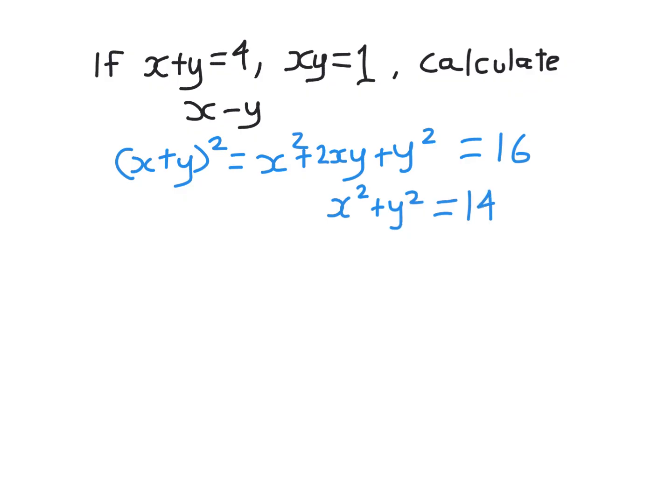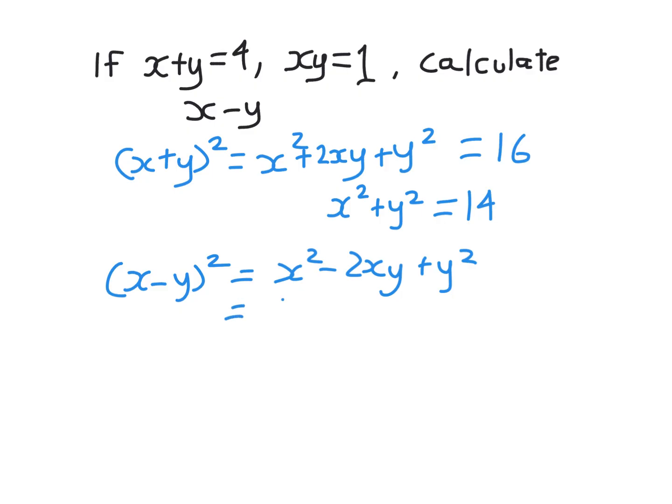Now, what would happen instead if I did x minus y squared? You'd get almost the same as this, except the middle term would be negative. You'd get x squared minus 2xy plus y squared. We know that x squared plus y squared is 14, we just figured that out.